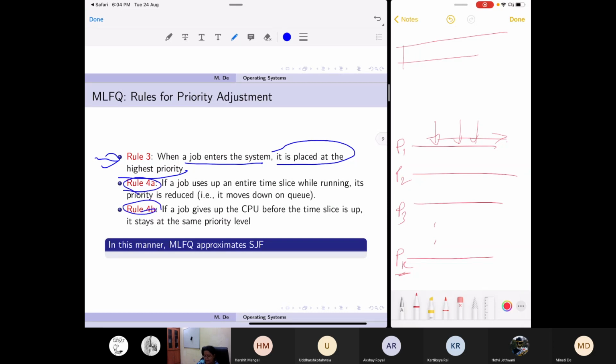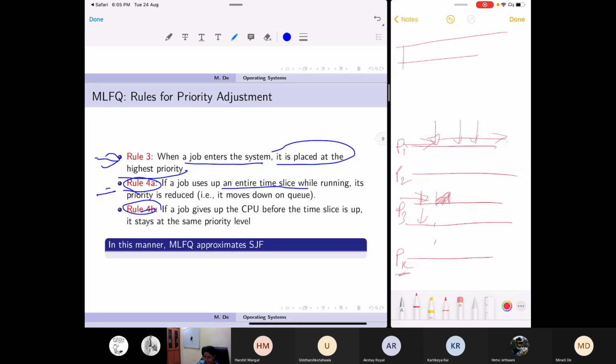Rule 4A says: if a job uses an entire time slice while running at its priority level, say the job was running at this priority level and the time slice was this, and we see that it has utilized the whole time slice, then I will move that job from that priority to the next, lower priority level.